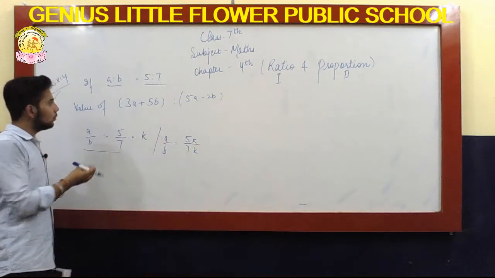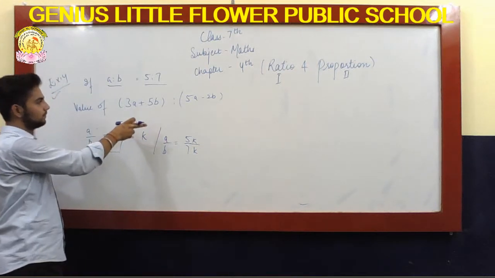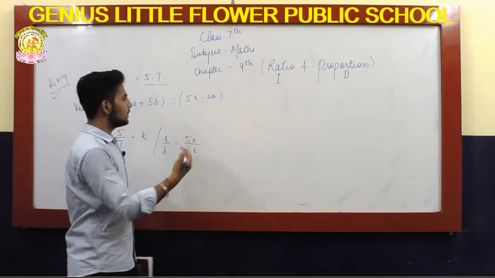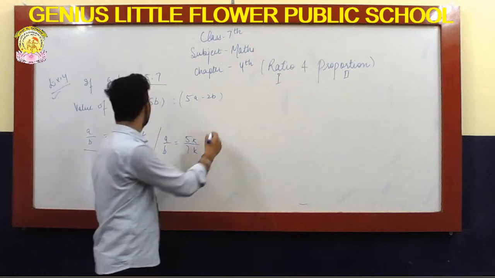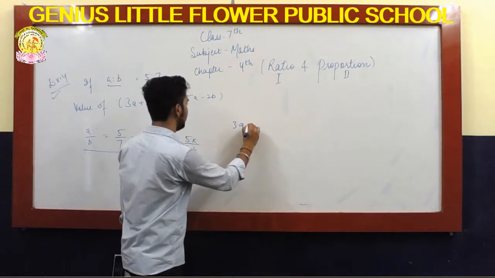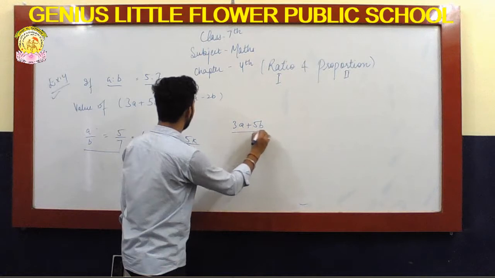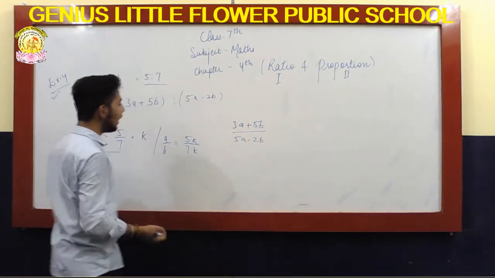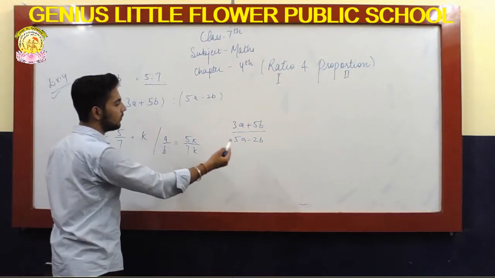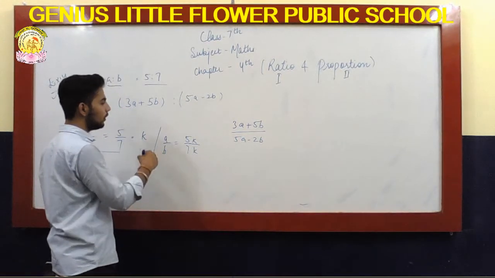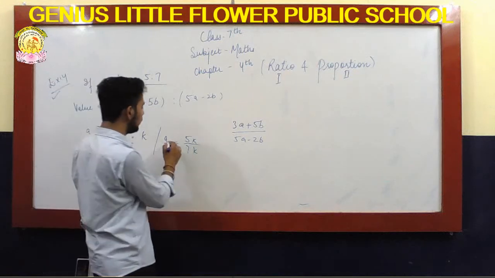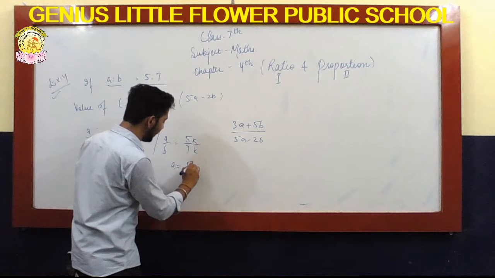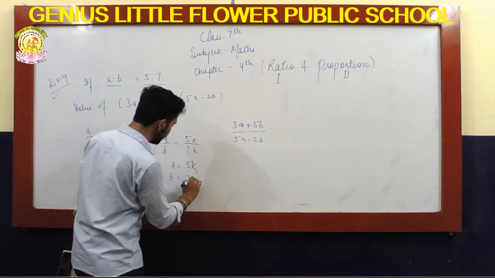Now you have to find the value of the ratio 3a plus 5b to 5a minus 2b. First, write it in division form: 3a plus 5b divided by 5a minus 2b. Now put the values of a and b in this ratio. The value of a will be 5k and b will be 7k.